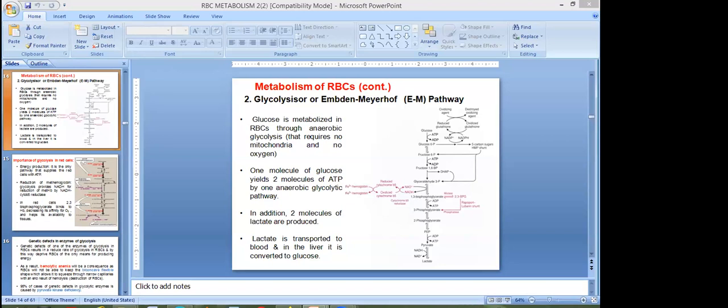Then again here, please just notice that glucose 6-phosphate here, we can see the pentose phosphate pathway, or rather glucose shunt. But the most important thing here, that take home message, is that we are seeing here this formation of what? NADPH.